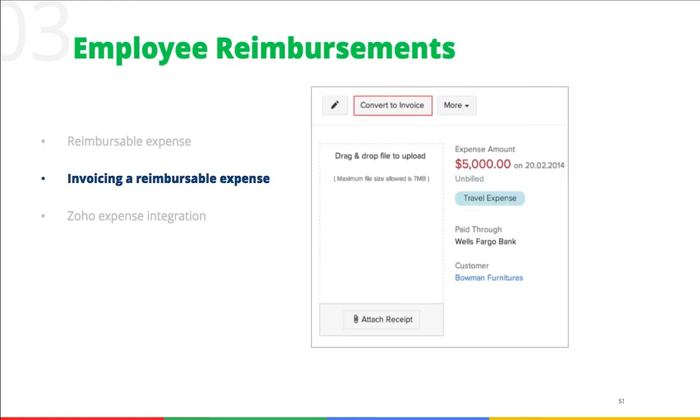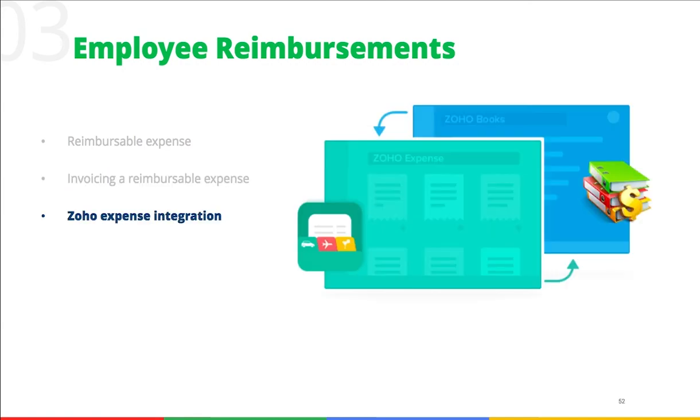So how do we take it to the next level and invoice this particular expense? You get this option after you click on that button to convert it into an invoice, and all you have to do is click on that and specify the customer name, and you're good to go. Finally, if you're looking for dedicated reimbursement and expense management software, we have Zoho Expense, which is really neat and powerful.